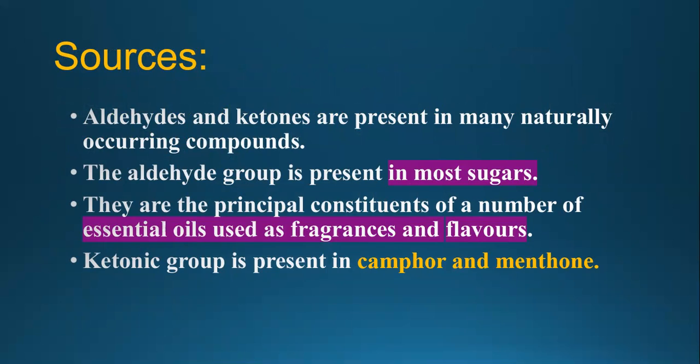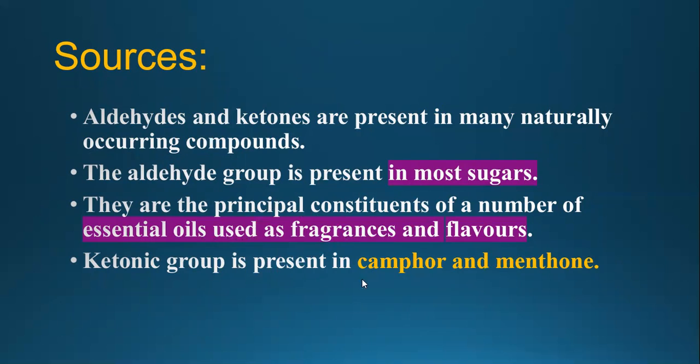So now we will see the sources of aldehydes and ketones. Aldehydes and ketones are present in many naturally occurring compounds, and they form the major composition of carbohydrates because the major sugars of carbohydrates have aldehyde functional group in them. So we can say that the aldehyde group is present in most of the sugars, and they are the principal constituents of a number of essential oils used as fragrances and flavors.